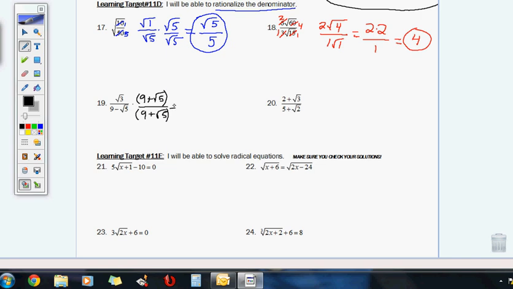Now on the top, we had good practice before of distribution. So that's going to be root 3 times 9, or 9 times the square root of 3. And then we're going to have plus root 3 times root 5, both inside numbers, root 15. All over, looks like we're going to have to FOIL the bottom. First gives me 9 times 9, which is 81.